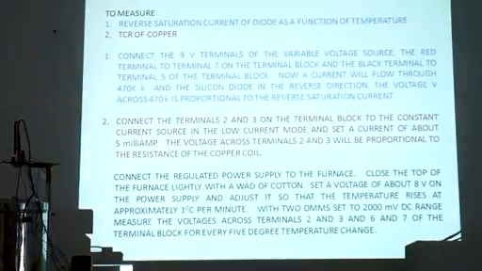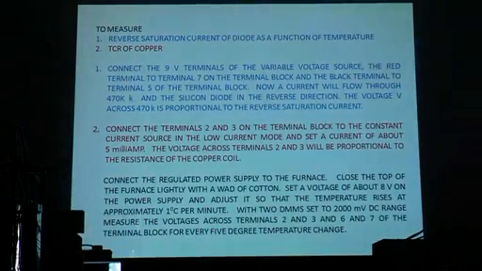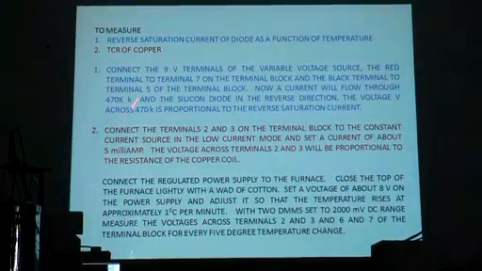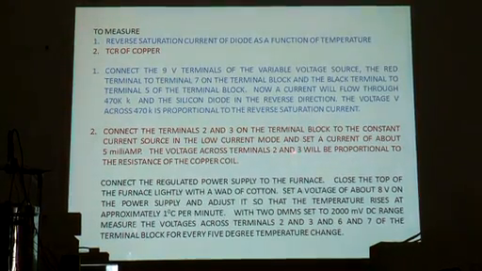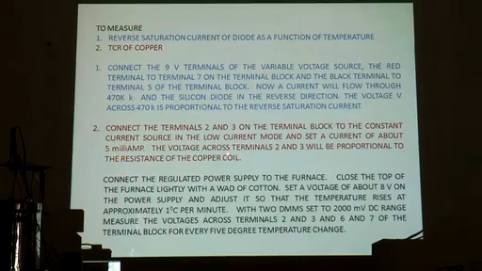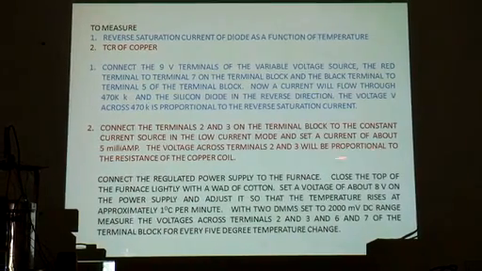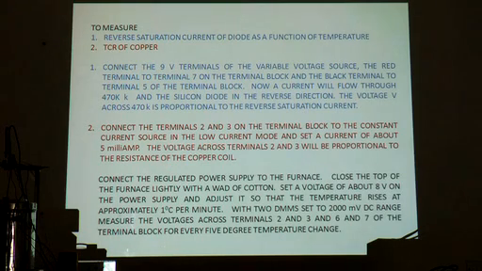For TCR of copper, I connect terminals 2 and 3 to the constant current source. In the low current mode, set a current of 5 milliamperes. The voltage across 2 and 3 will be proportional to the resistance of the copper coil, and that is measured on another DMM.